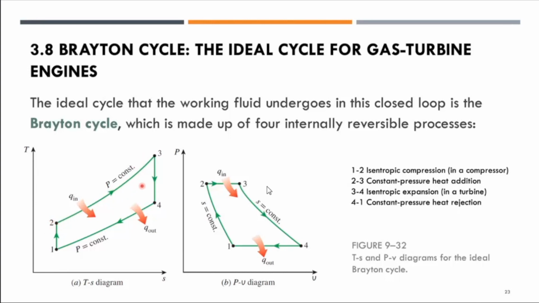And then this is happening at the combustion chamber, heat being added. Basically, the combustion process occurs, temperature increases from T2 to T3 at constant pressure, 2 to 3 at constant pressure. Then isentropic expansion in the turbine from 3 to 4, the temperature being reduced from the high temperature at 3 to 4, right?